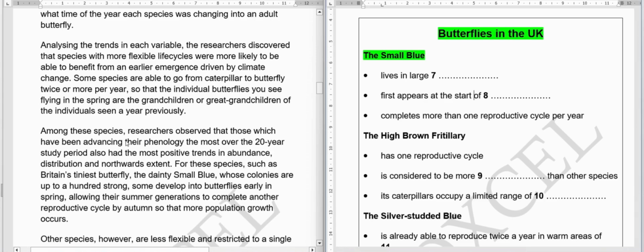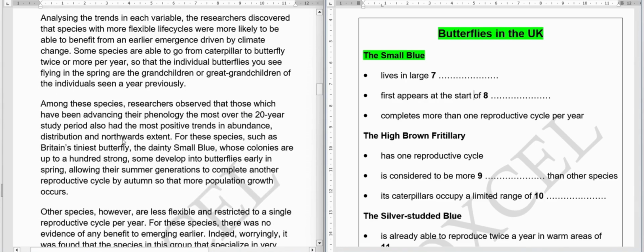We'll move forward. Among these species, the researchers observed that those which have been advancing their phenology the most over the 20-year study period also had the most positive trends in abundance, distribution, and northwards extent. For these species, such as Britain's tiniest butterfly, the dainty small blue, yeah, here it is.